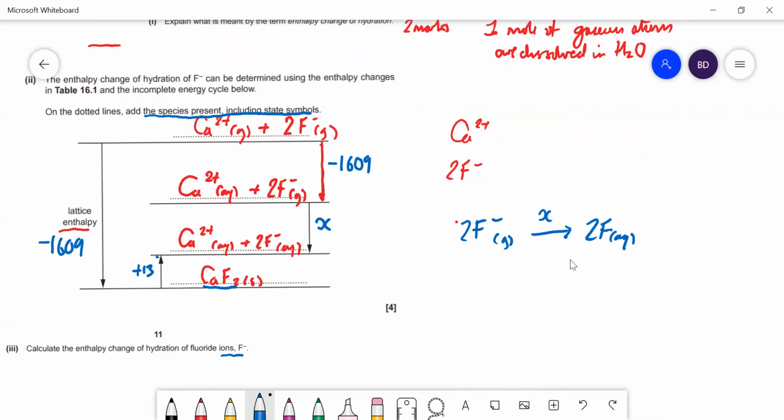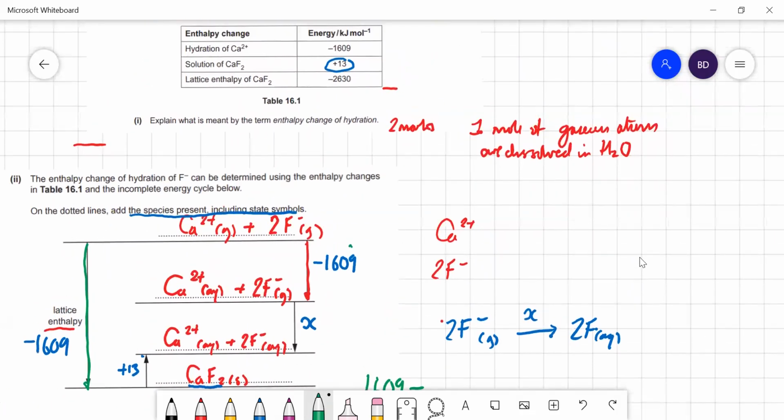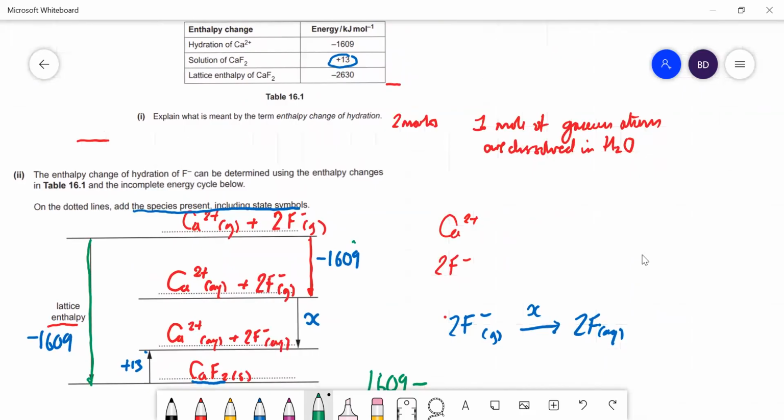I'm not going to worry about the signs. The lattice enthalpy is 2630, sorry, that should be there.